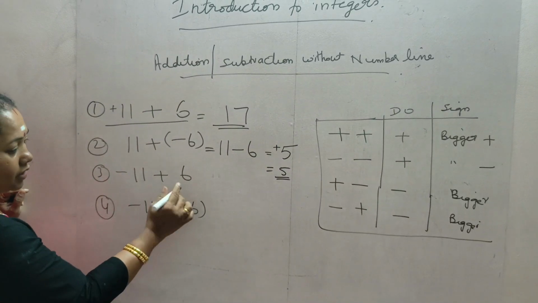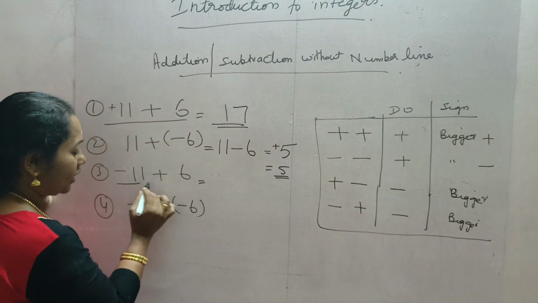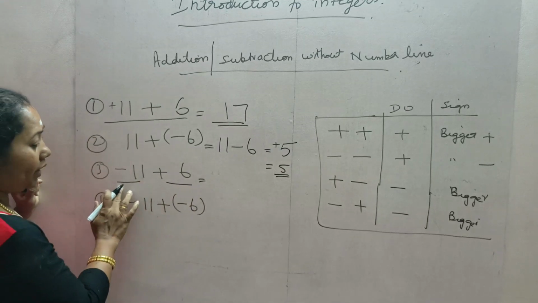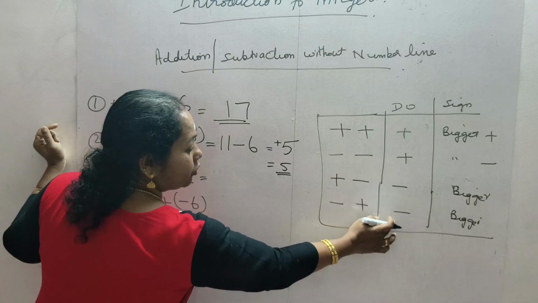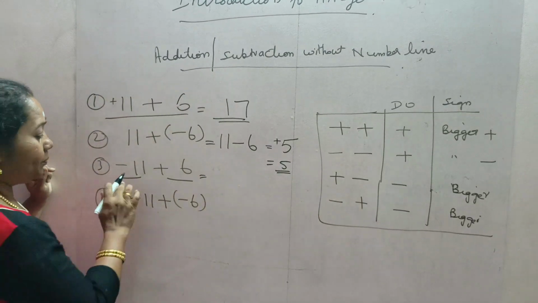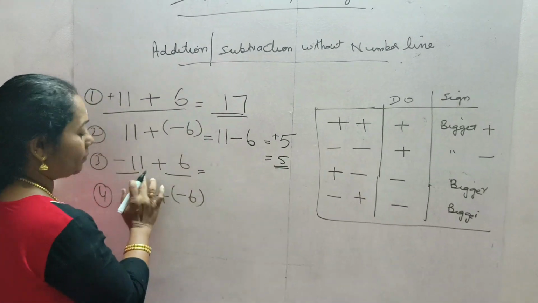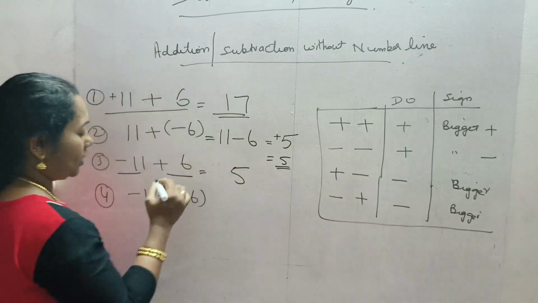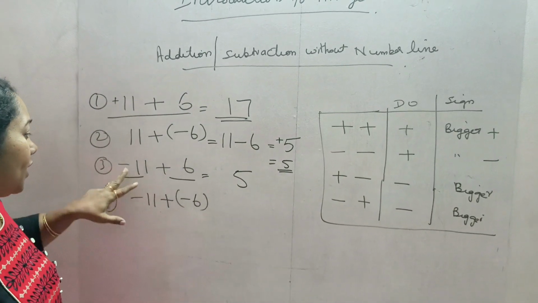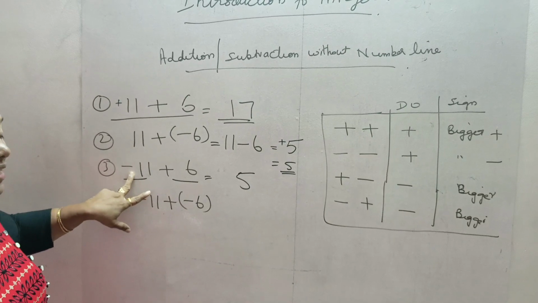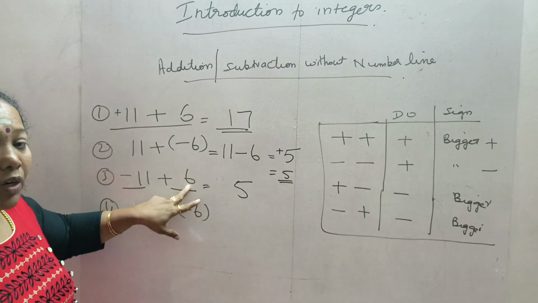Now let us consider this one. Minus 11 plus 6. One number is minus and the other number is plus. If one is minus and the other one is plus, we have to do subtraction. That is 11 and 6. When we do 11 minus 6, that is 5. And which sign will it be? We have to put the bigger number's sign. The bigger number is 11, the smaller number is 6.